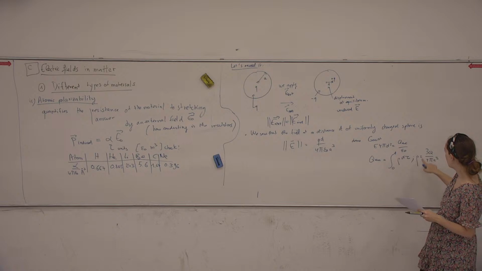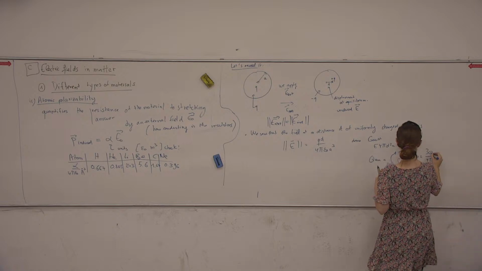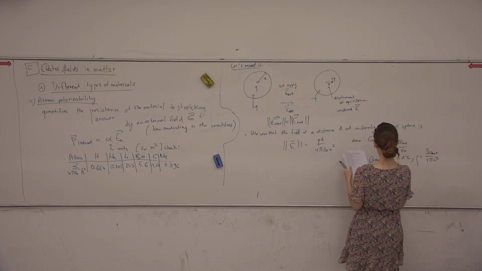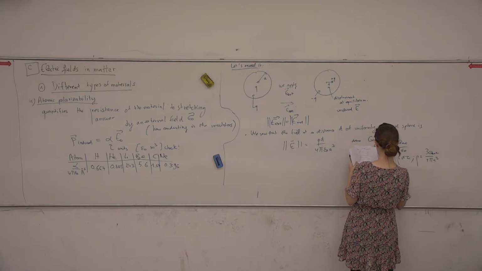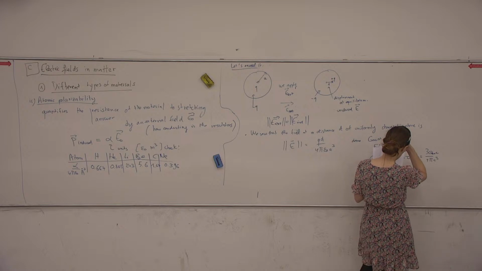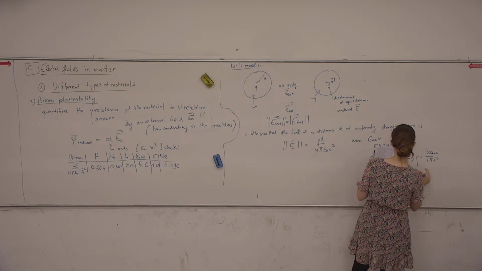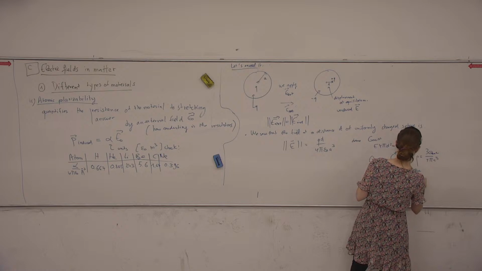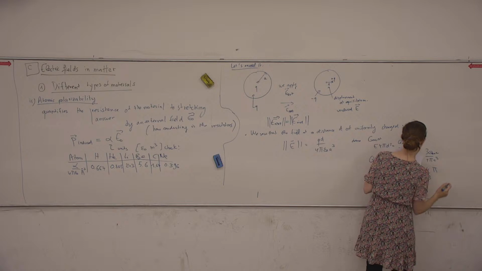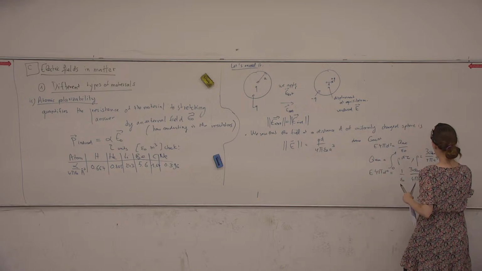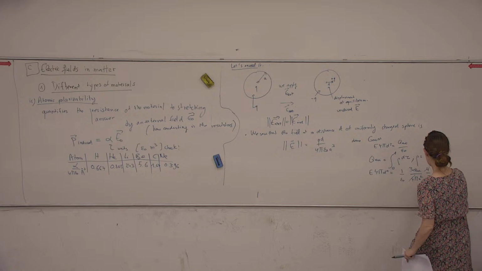If you put this in here, you get E 4 pi d squared is equal to 1 divided by epsilon 0 times 3q divided by 4 pi a cubed times d cubed. So this cancels, this cancels.